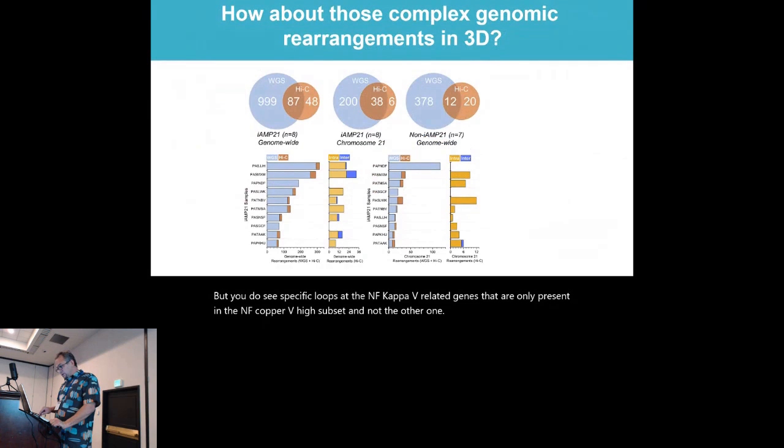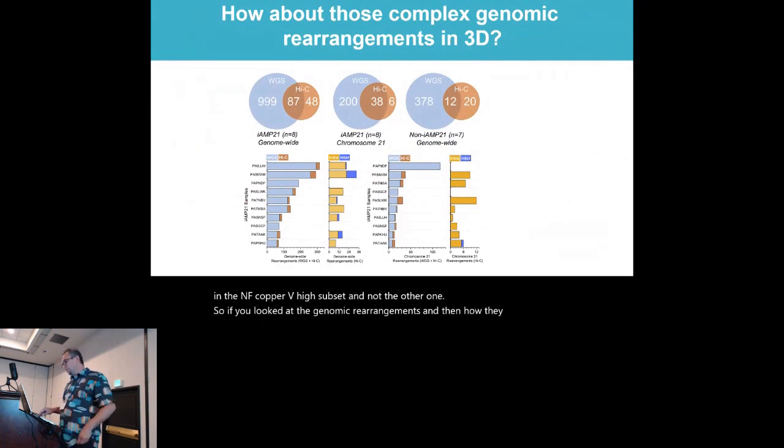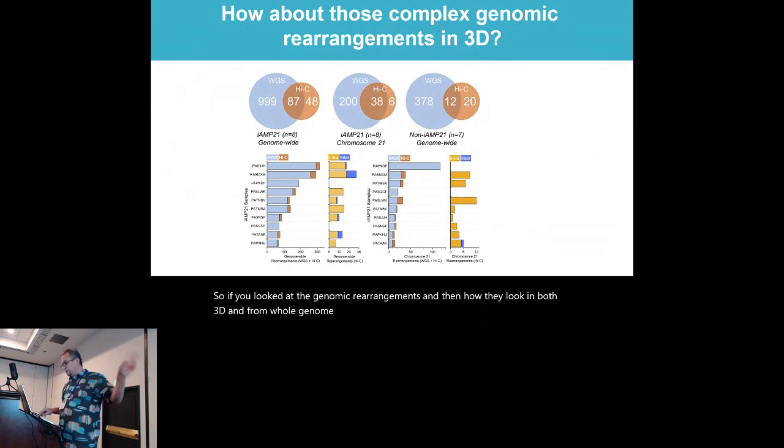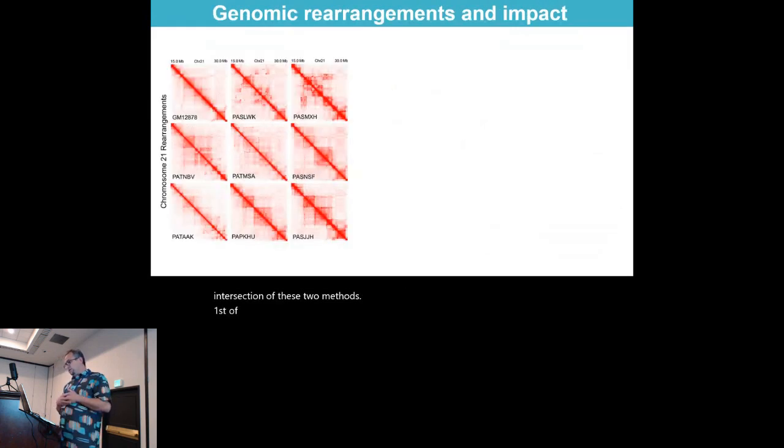So we looked at the genomic rearrangements and how they look in both 3D and from whole genome sequencing, by looking at the ones that are in the intersection of these two methods. First of all, we identified that not all of the patients have chromothripsis, but most of them do.